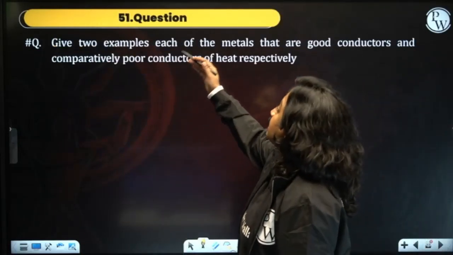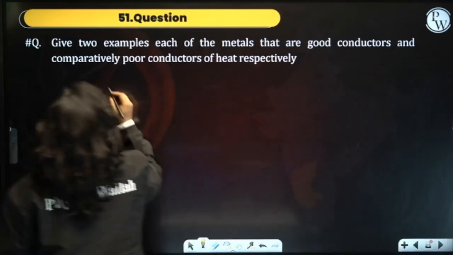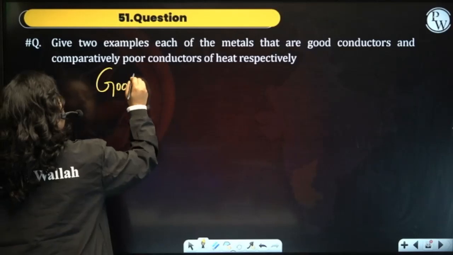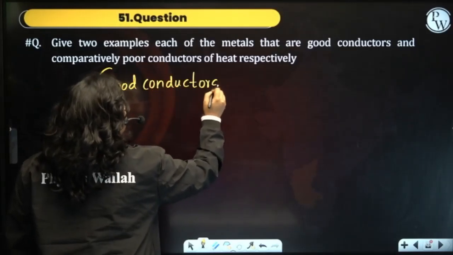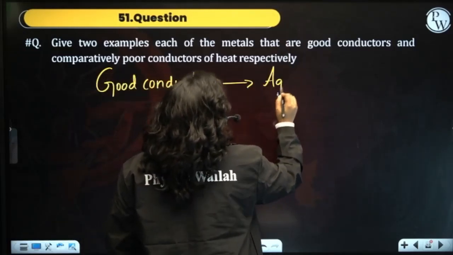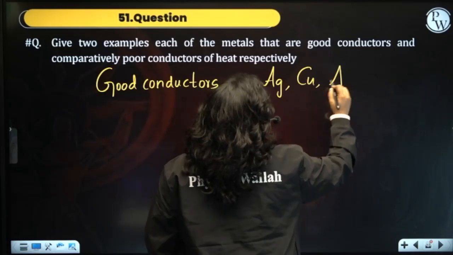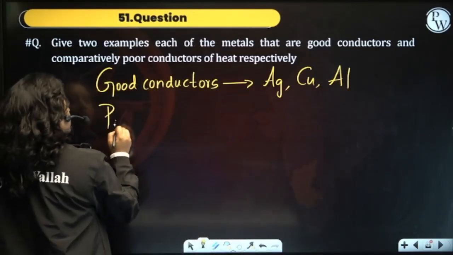Give 2 examples each of the metals that are good conductors. Best conductor is always silver, followed by copper, followed by aluminium. Poor conductors, they asked for 2 but I have written 3.